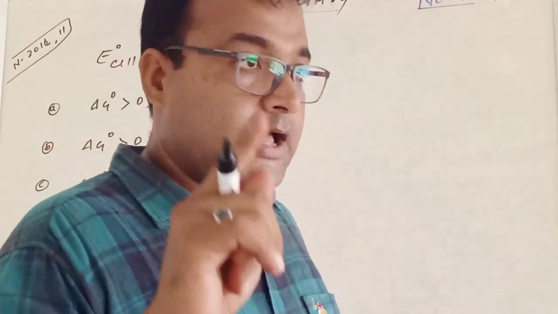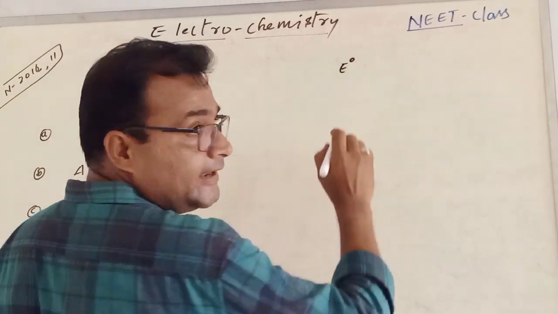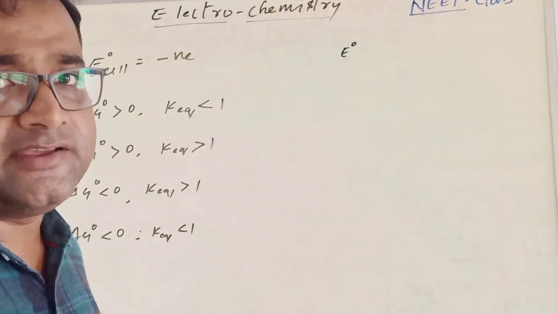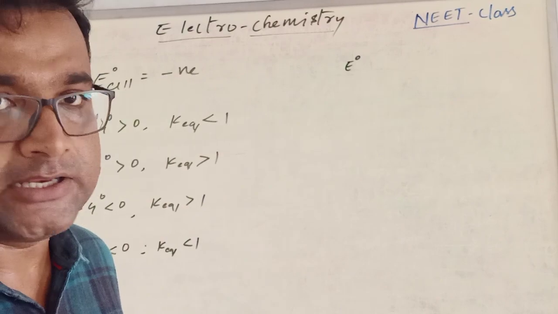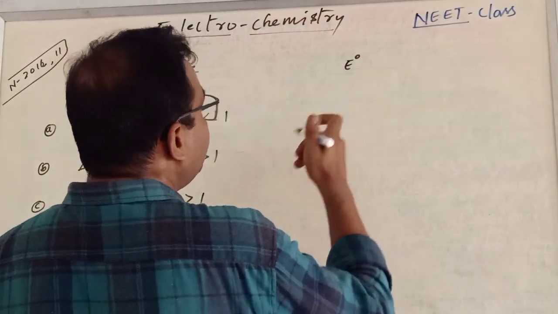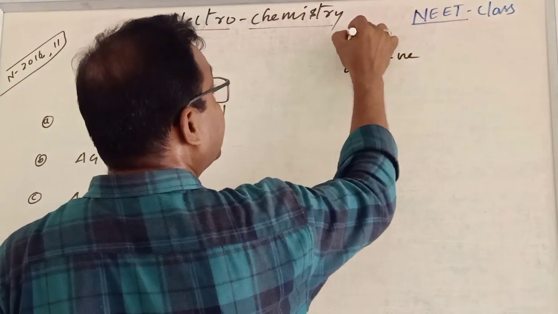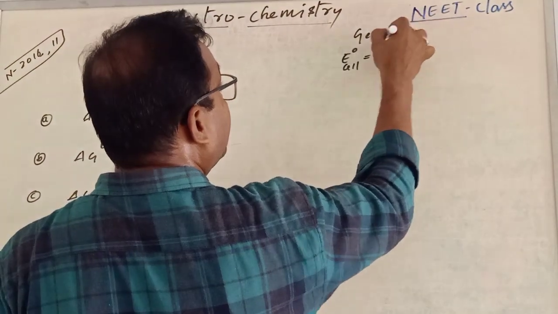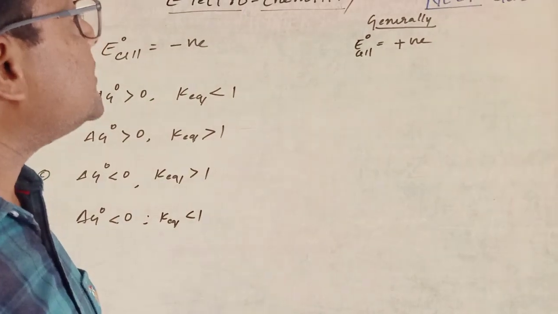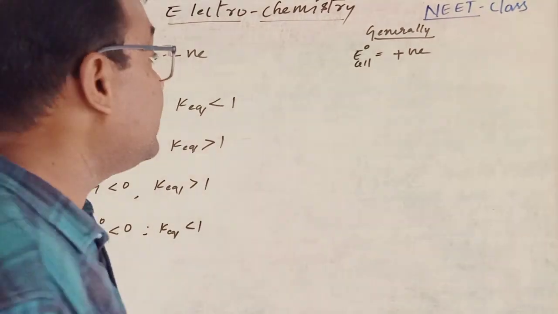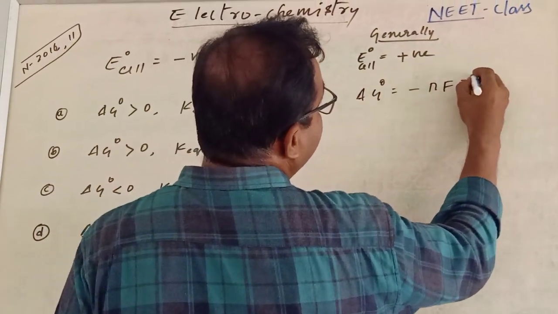We know that E naught for any cell is spontaneous. So due to a spontaneous cell, the value of delta G naught must be negative, always. So E naught of a cell must generally be positive. If E naught of the cell is positive, then delta G naught is equal to minus nFE naught of cell.